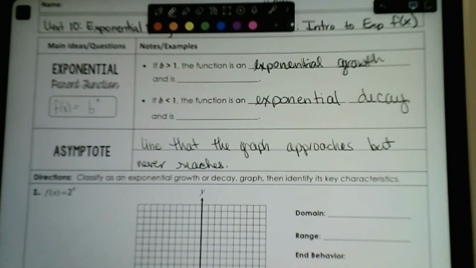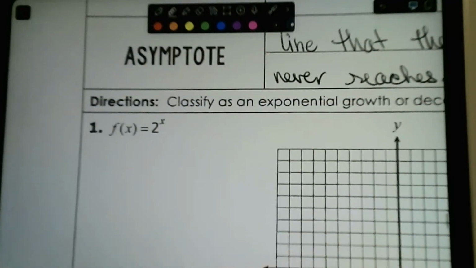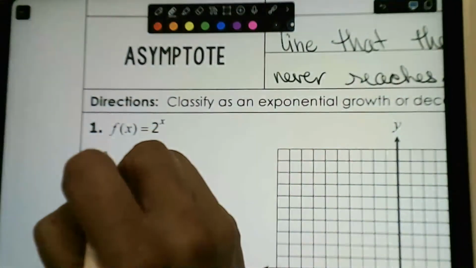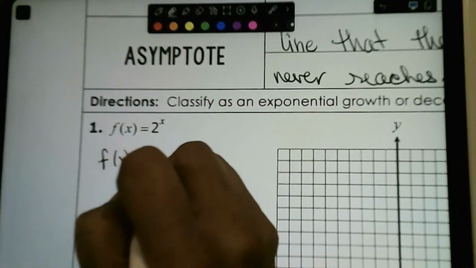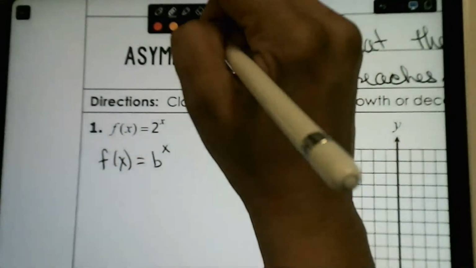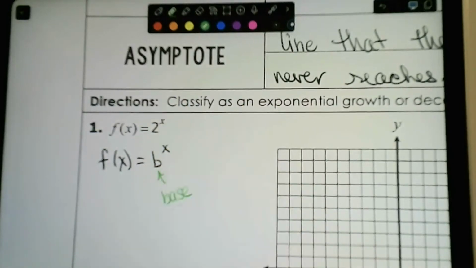All right. Let's classify this as either a growth or a decay, and then we'll graph it. After we graph it, we'll identify some key characteristics. Remember that your recipe for exponential functions looks like that, where the letter b is the base.